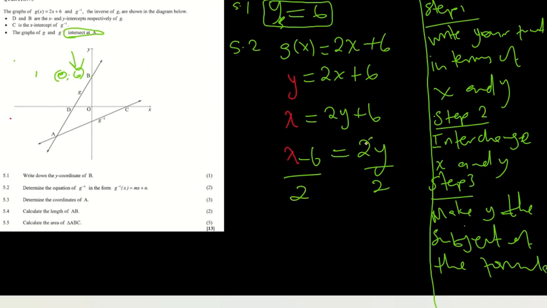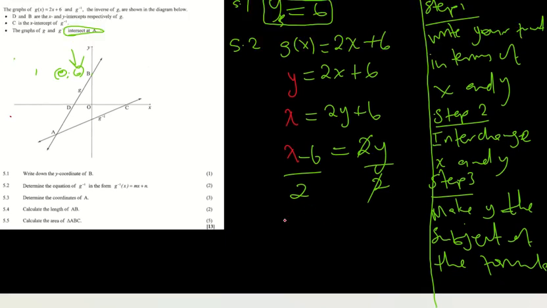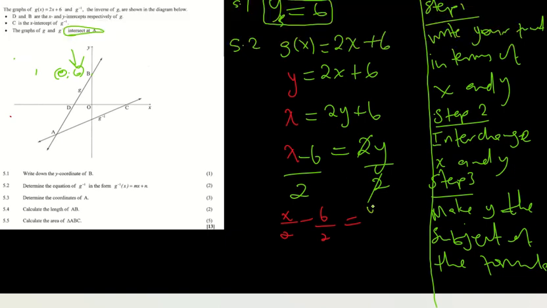You know that. So that this and that goes out. Then I get x over 2 minus 6 over 2 equals y. This is equal to y, guys.